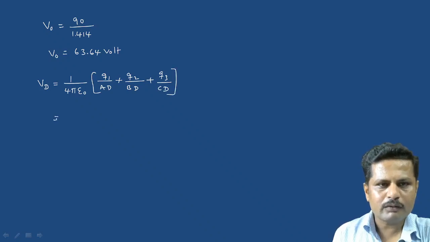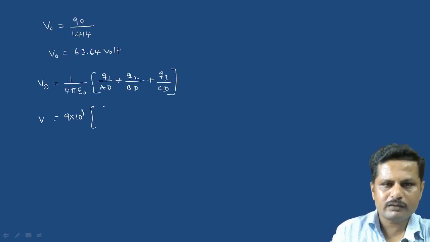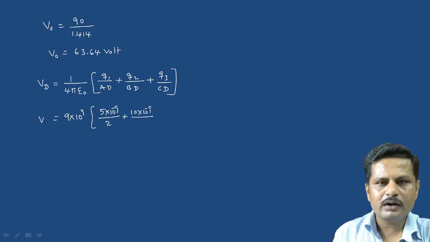Now substitute the values. VD equals 1 by 4 pi epsilon naught, whose value is 9 times 10 to the power of 9, and we have seen that Q1 equals 5, Q2 equals 10, and Q3 equals minus 5. So Q1 is 5 into 10 raised to minus 9 divided by AD, which equals 2 meter, plus Q2 equals 10 into 10 to the power of minus 9 divided by BD.